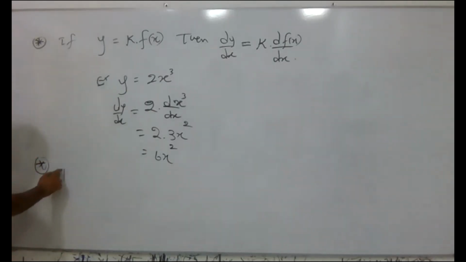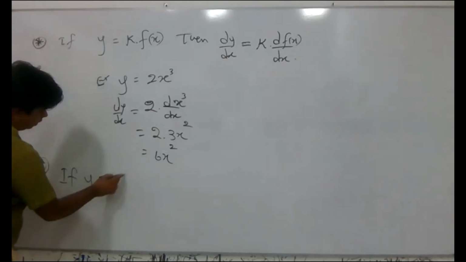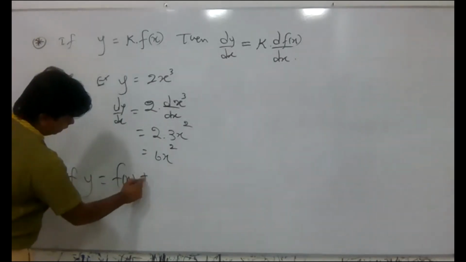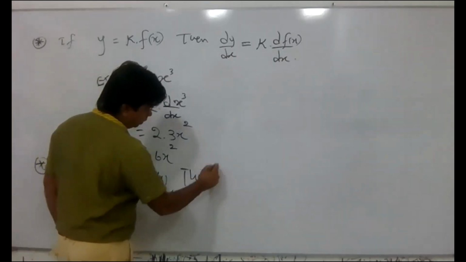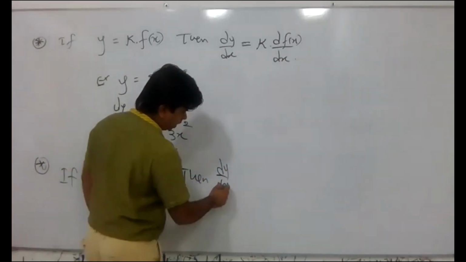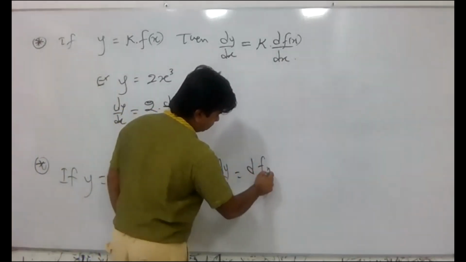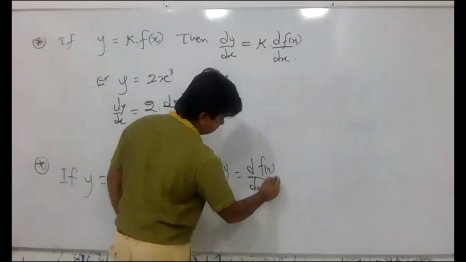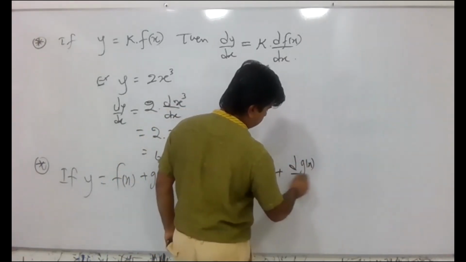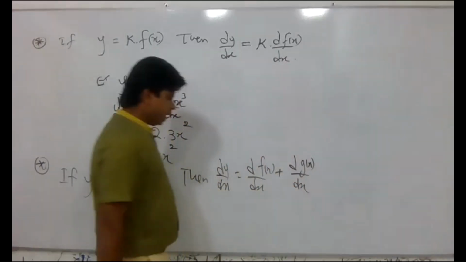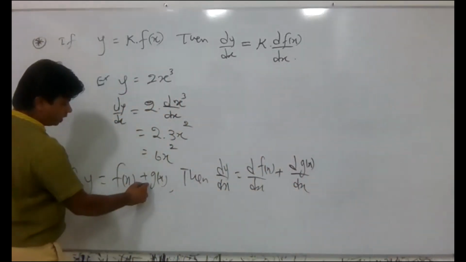And next one, if y equals f(x) plus g(x), then you can differentiate separately f(x) with respect to x plus g(x) with respect to x. If it's with minus, you know that, no?